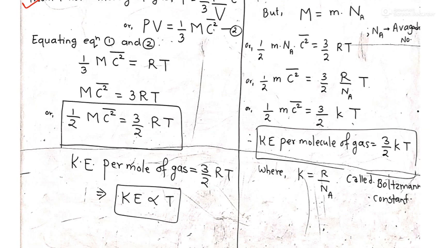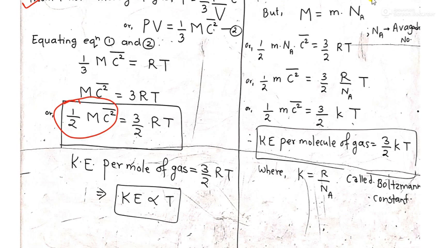So this is the kinetic energy for 1 mole of gas, because we have already considered 1 mole of the gas. So 1 by 2 M means the total mass of 1 mole of the gas, and c square bar, equal to 3 by 2 RT.